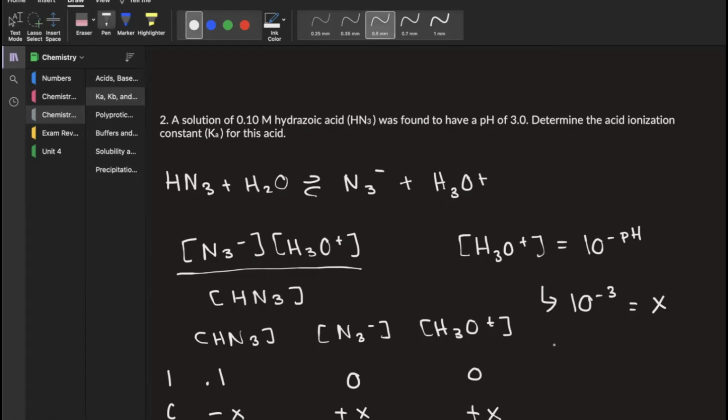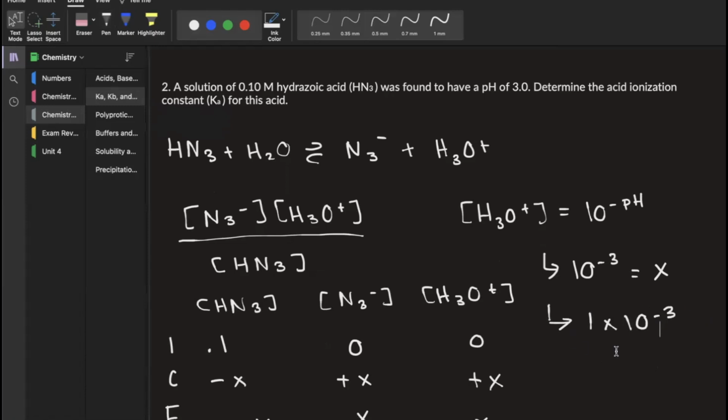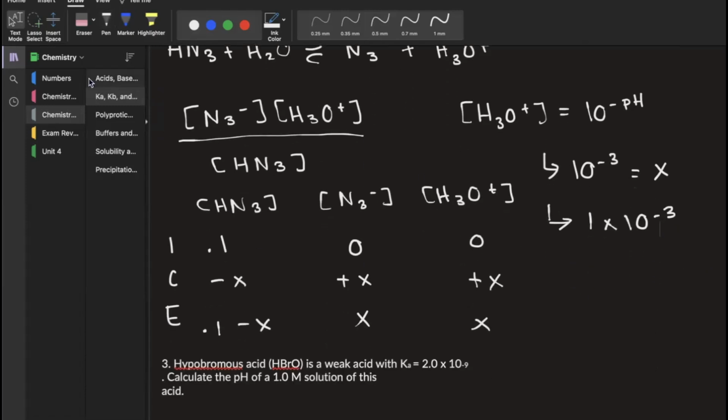We're going to say that x is equal to 1 times 10 to the negative third.